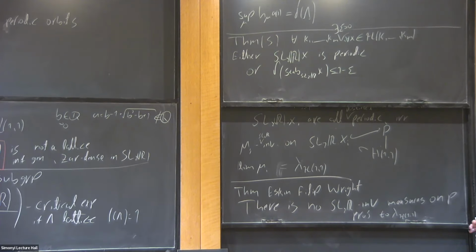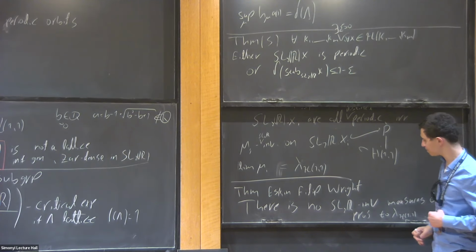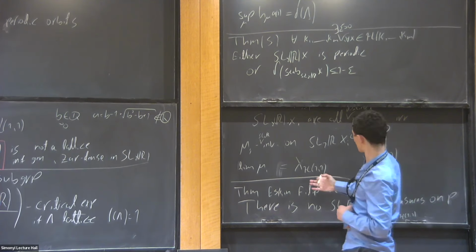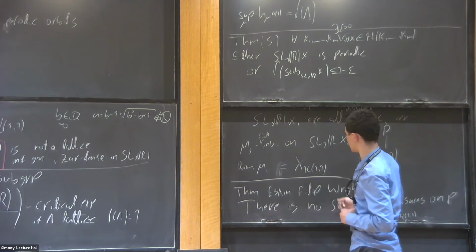Okay, so that is the proof via Eskin-Filip-Wright. But it doesn't show anything about the critical exponent.